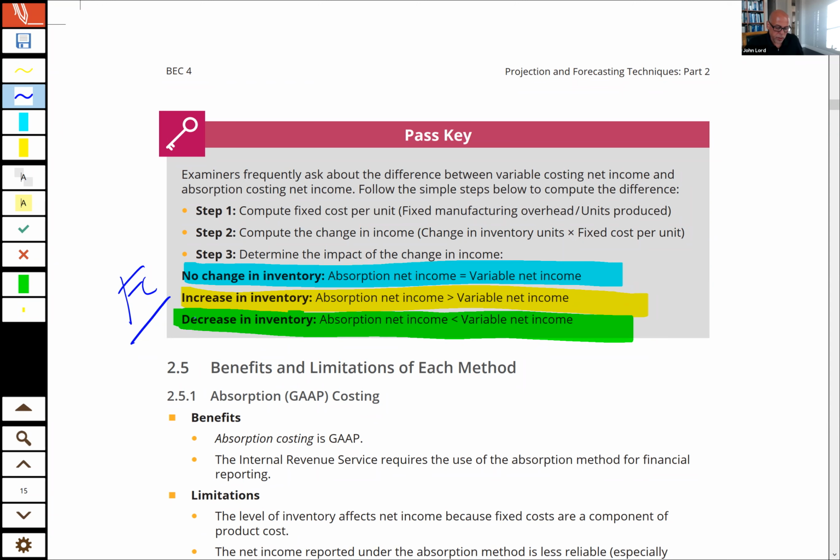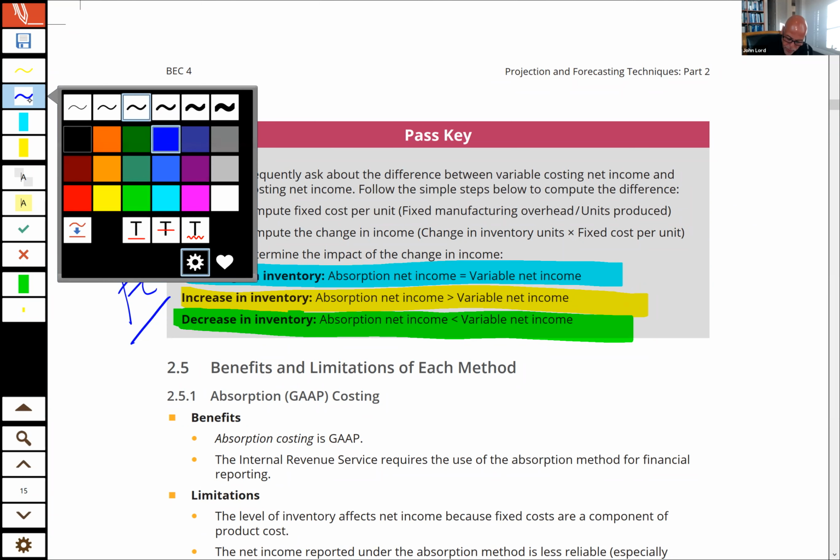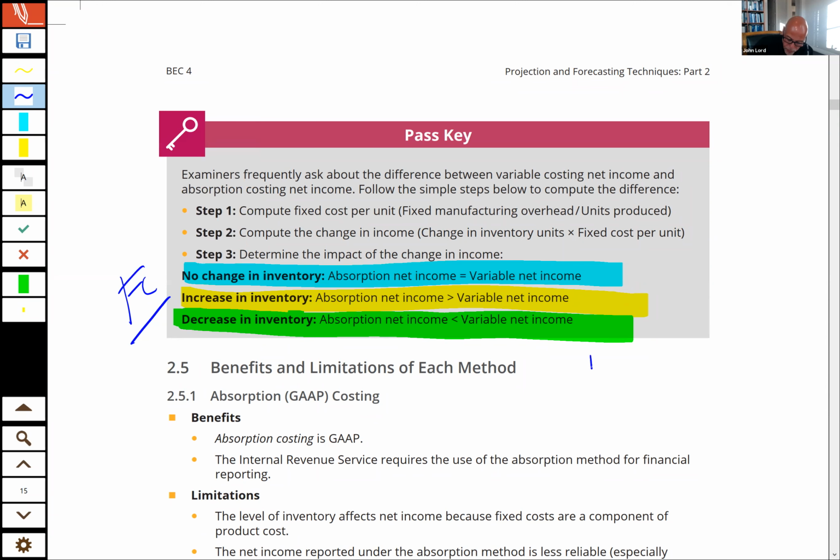The contribution approach is used for internal purposes because of what happens. If I take my revenue minus my variable cost, what am I left with? I'm left with my contribution margin.